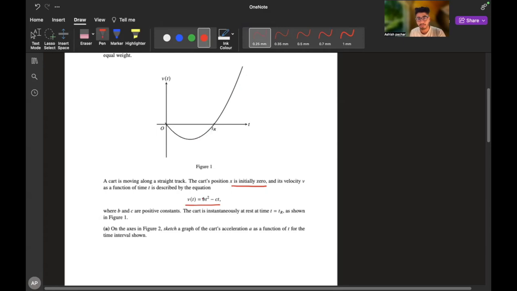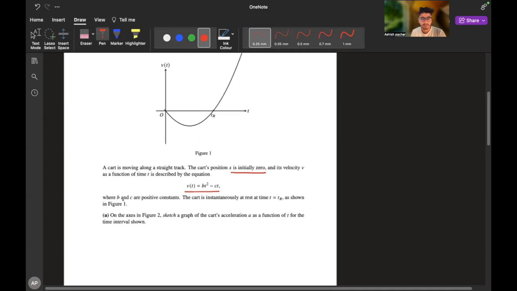Even if you plug it in, you will get something like this, where B and C are positive constants, and the cart is initially at rest at t equal to t_r.